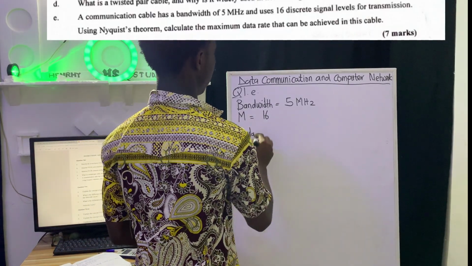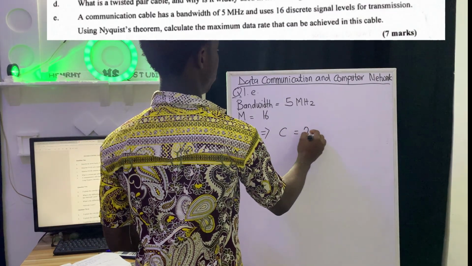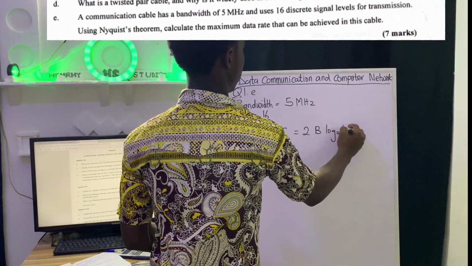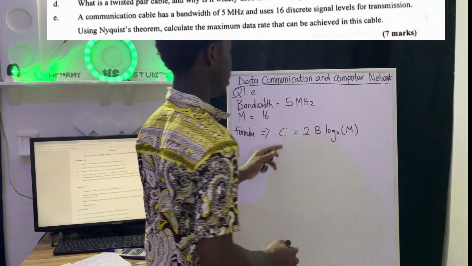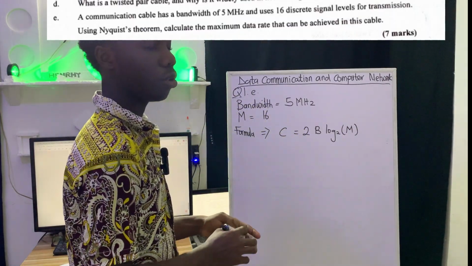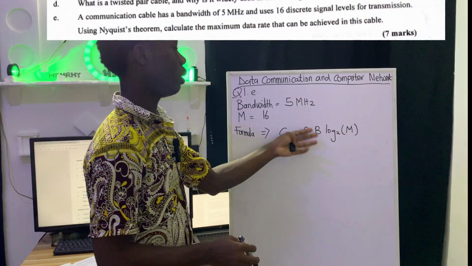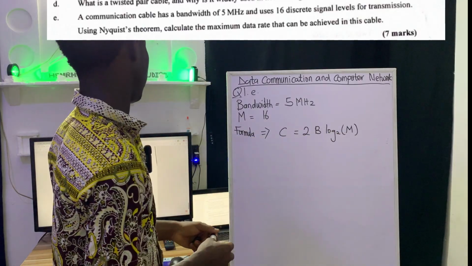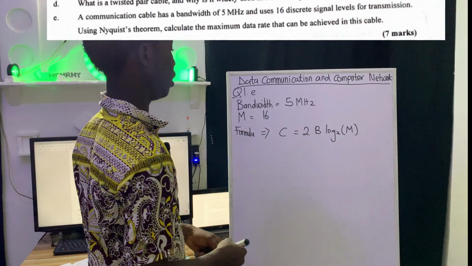Now this is the formula for the Nyquist theorem: C = 2B log2(M), where C is the maximum channel capacity, B is the bandwidth, log 2 is the base, and M is the number of discrete signal levels.